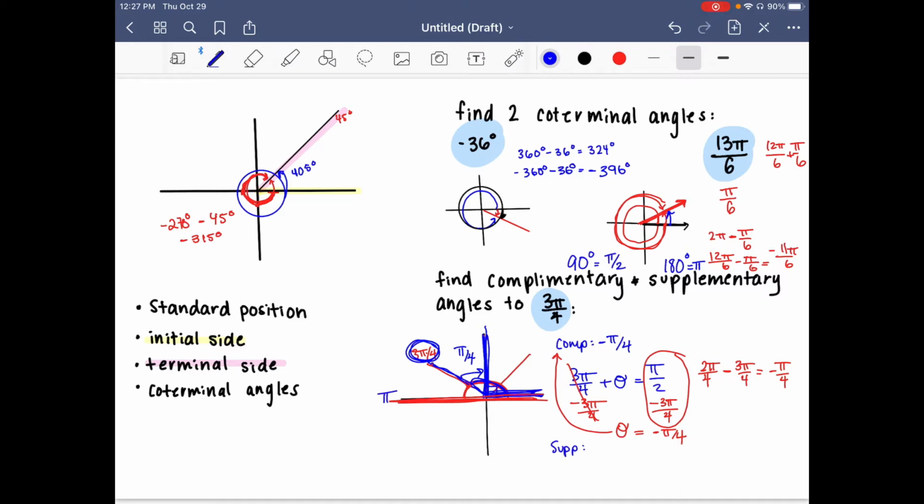I have 3 pi over 4 plus some angle that needs to equal pi. Now I can convert them to have the same base. Pi can become 4 pi over 4. I will subtract 3 pi over 4 from both sides, and I'll end up with theta equals positive pi over 4.